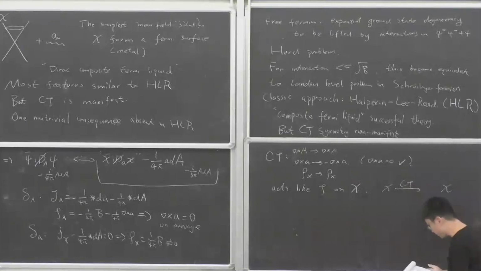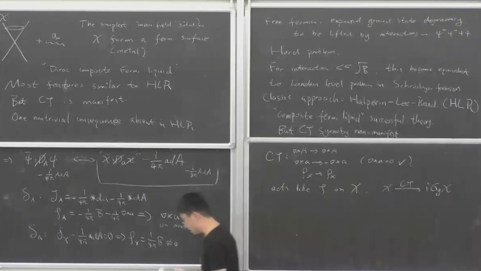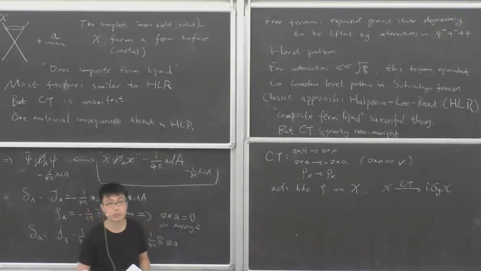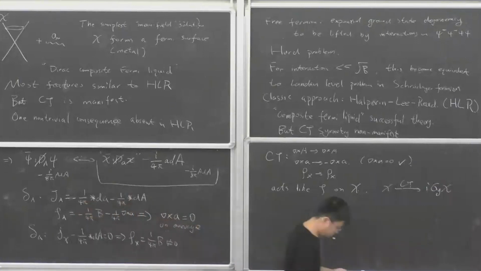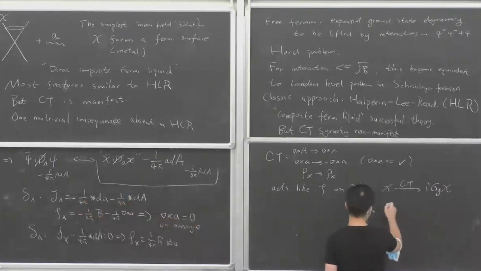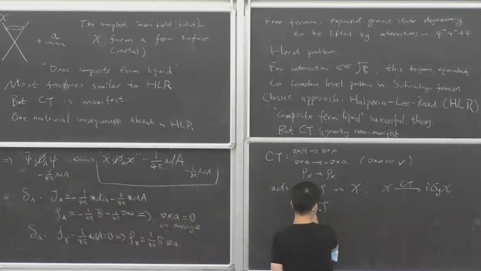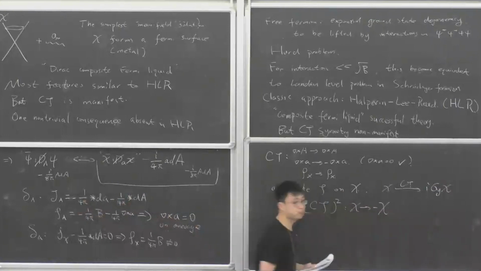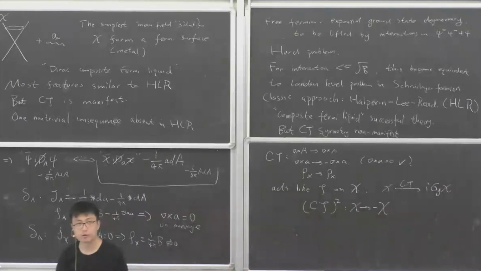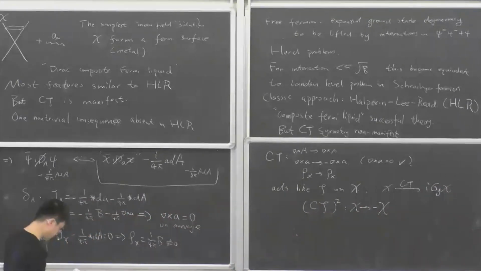But for a single flavor of two-component Dirac fermion in 2+1 dimensions, what you can multiply in front of this is unique. It has to be i sigma y. It has to be an epsilon tensor, basically. Which means that CT symmetry squared acting on chi should give you a minus sign. So if you write down a two-dimensional Dirac fermion, that's inevitably what you will get.